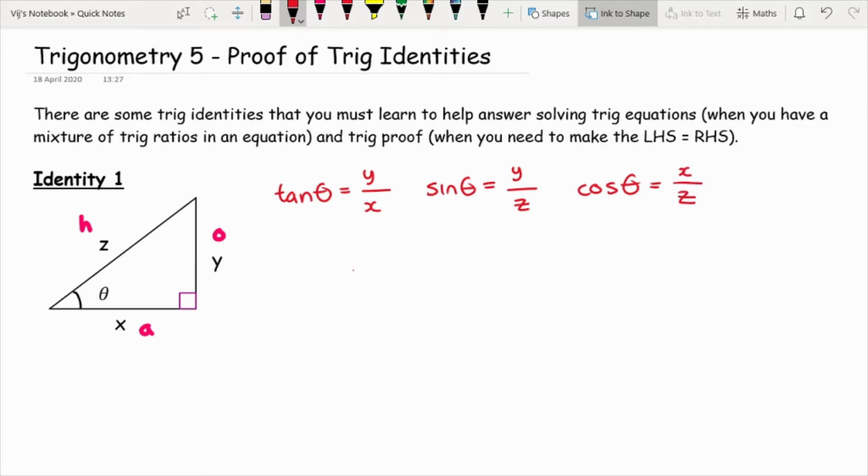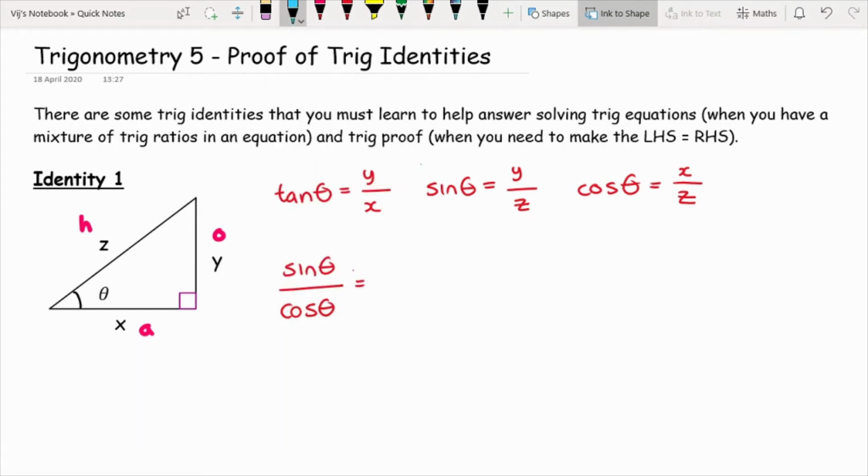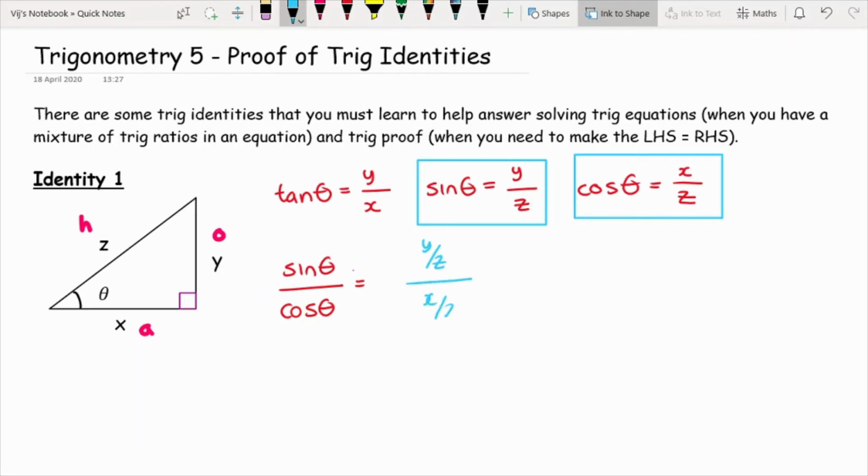Now if we start with sine theta over cos theta, all I'm going to do is substitute these expressions. I'm going to substitute sine theta equals y over z and cos theta equals x over z, and what I get is y over z over x over z.